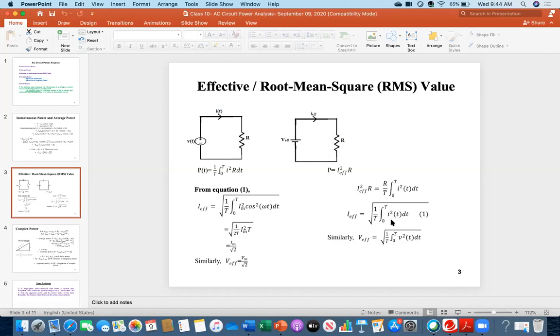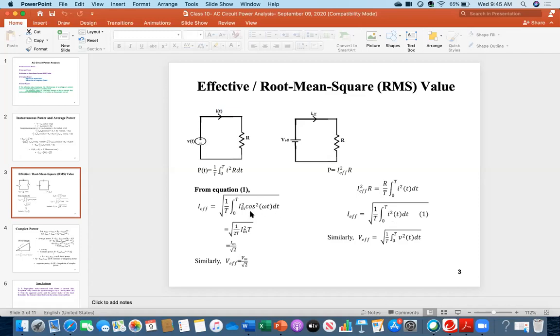And then there is a square, so I got Im squared cosine squared omega t. After that, because I have to integrate, Im squared is going here. So Im squared over T, that is fine.